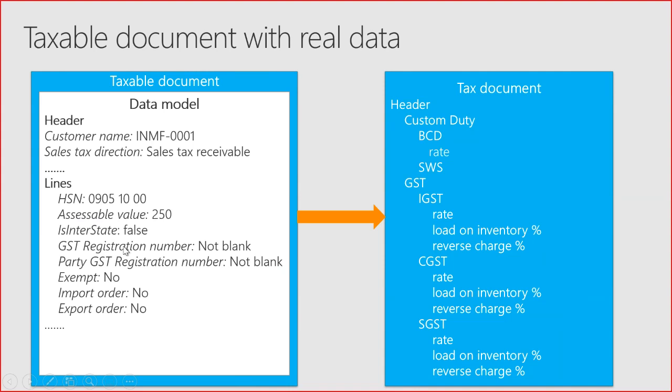So all these values are gotten from the real source document by model mapping. So we have all this data, then GTE will feed this data into the tax document to execute the logic you define in the tax document for the 4 areas, tax applicability, calculation, and posting. So that is a general data flow.